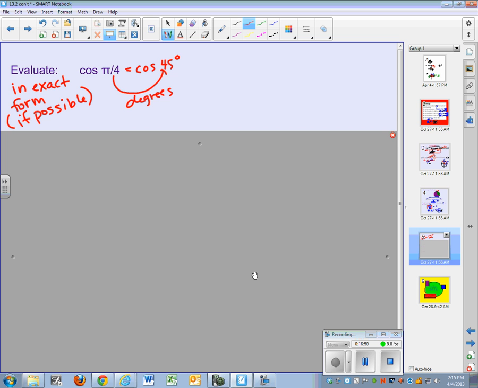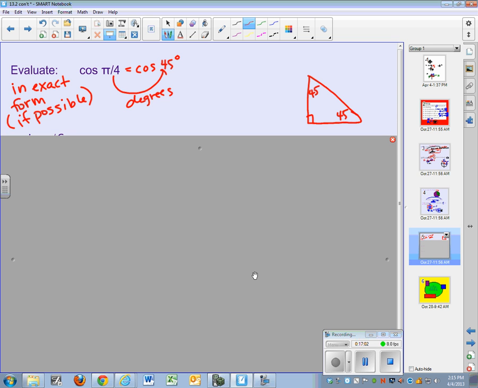Let's draw a triangle that is 45, 45, 90. And fill in the side lengths that you know. So in 13.1, we talked about there being a 45, 45, 90 triangle that does have side lengths 1, 1, square root of 2.